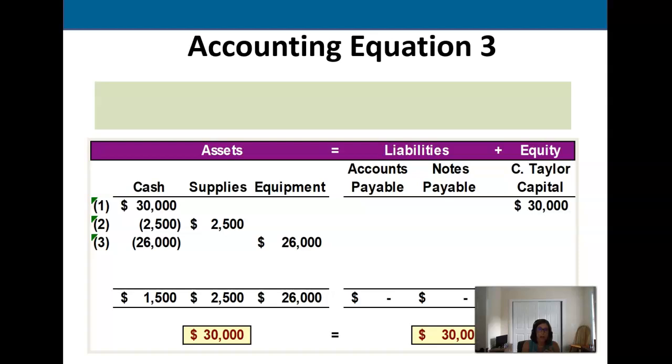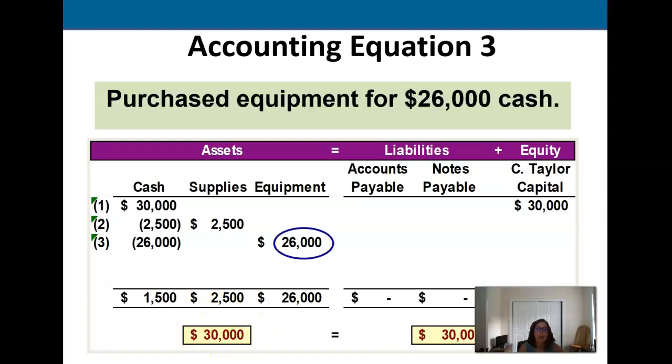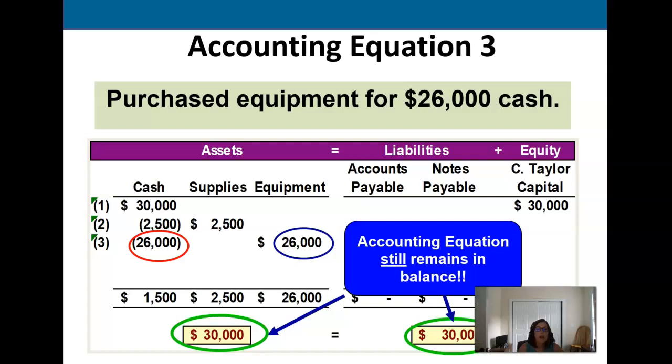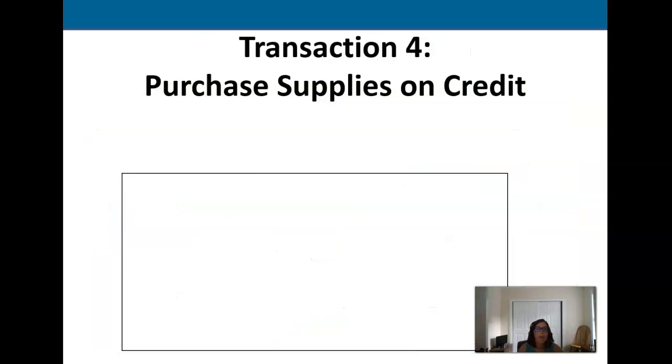And we still have our supplies, but now we have the $26,000 in equipment, still keeping us at that $30,000 amount for assets in total. And again, still haven't done anything on the right side of the equal sign, so that still remains at $30,000.